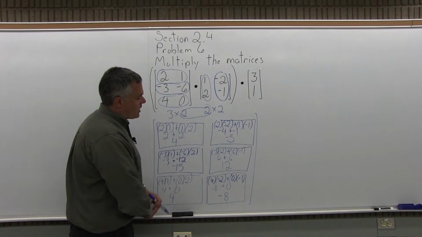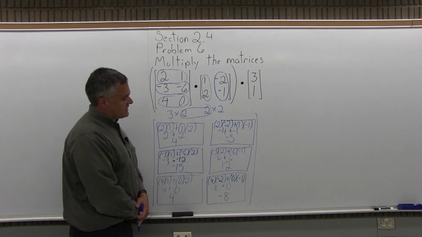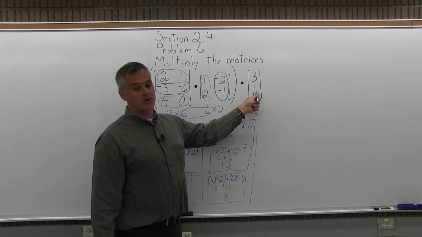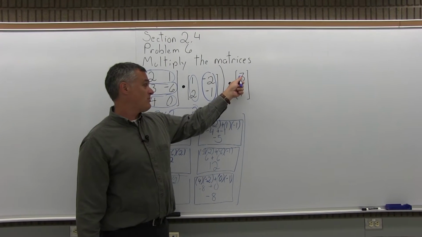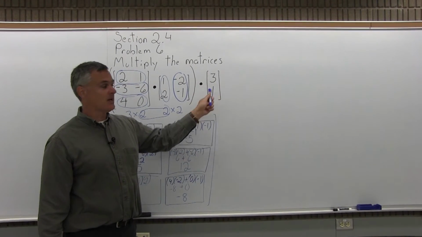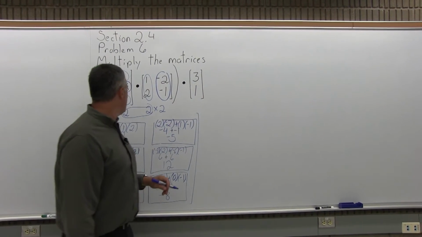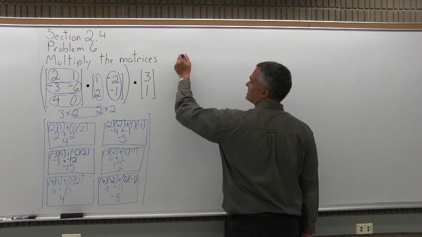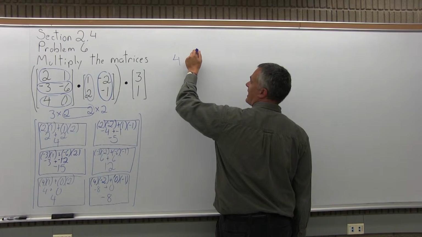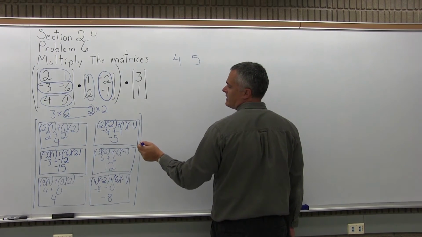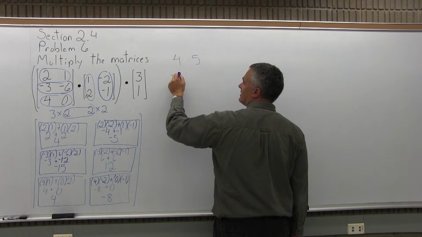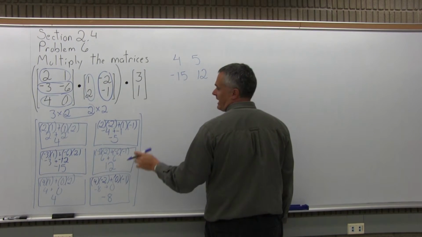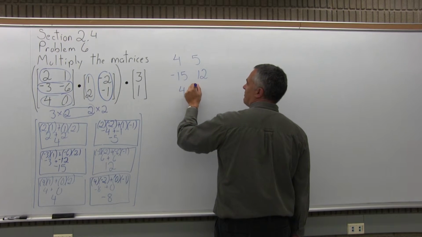Again, it's written with all those boxes. That's the work in parentheses. And I'm going to have to multiply that times the matrix outside of the parentheses, which has a 3 on the top by itself and a 1 underneath by itself. So this problem has become the work I got here from the parentheses, which is 4, 5 in the top row, and then -15, 12 in the middle row, and 4, -8 in the bottom row.